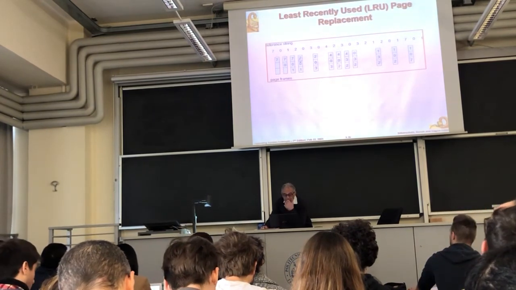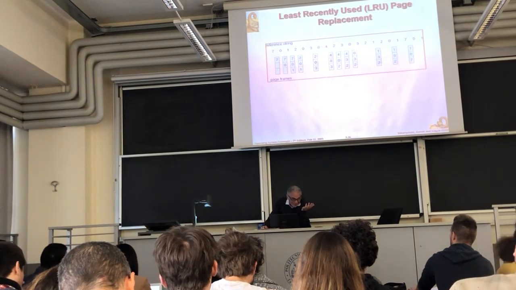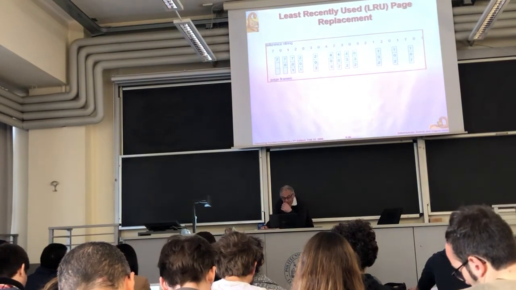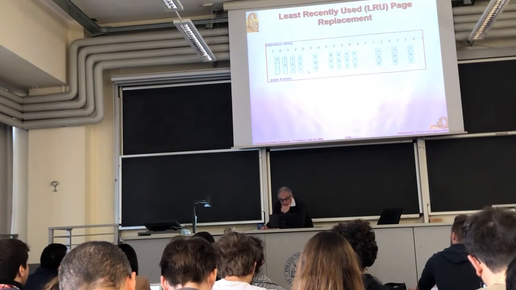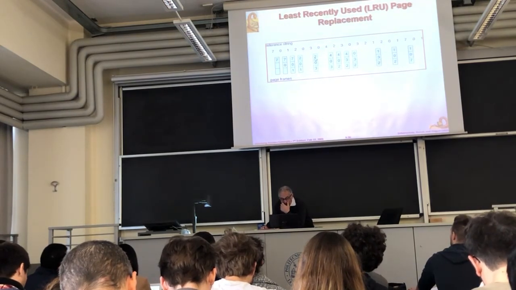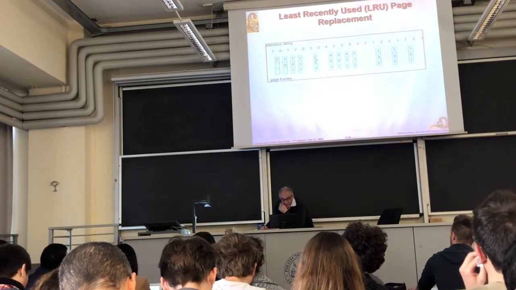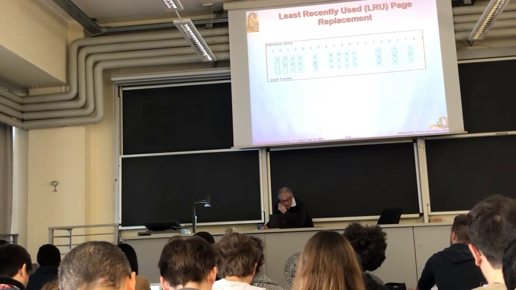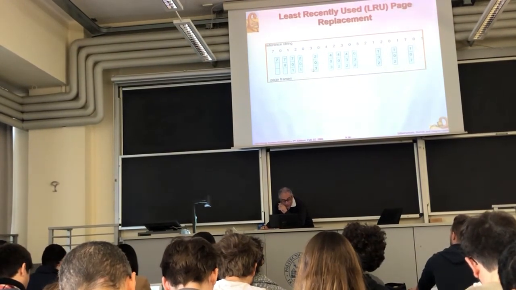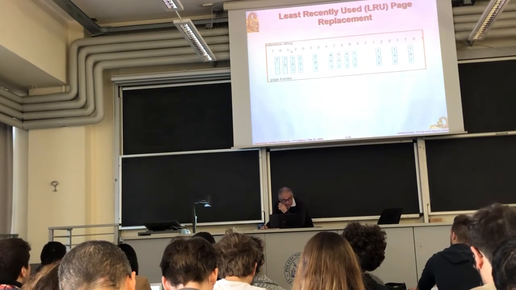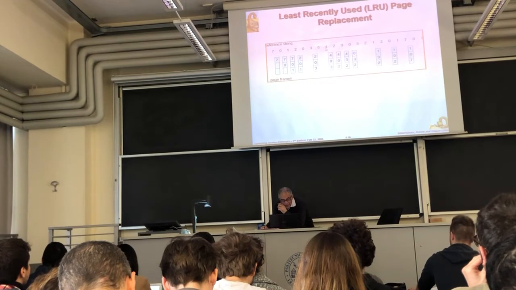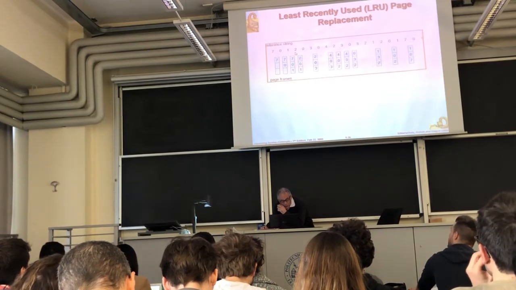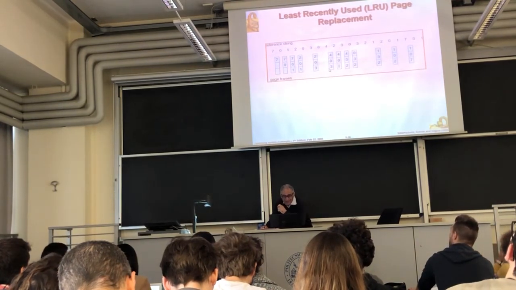But this is exactly as the first in, first out would work. Then there is a page fault because 3 is missing, and in this case the victim is 1 that has not been referred with respect to 3. For 4 it's always 2, and so on.